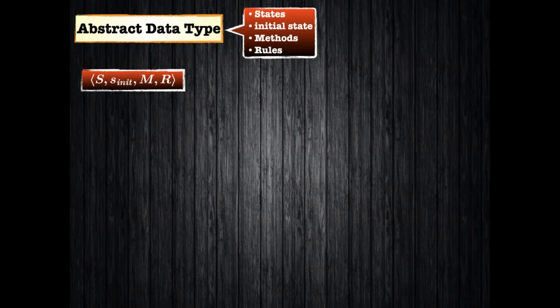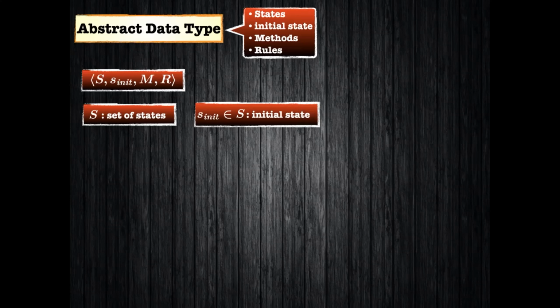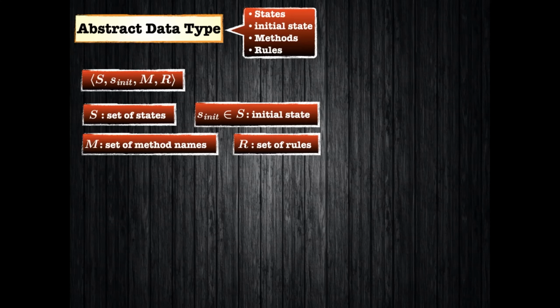Now we will go through these one by one, and to make it easier, we will instantiate the definition immediately with that of a set. So S is a set of states, S init, which is a member of S, so one of the states is an initial state, M is a set of method names, and R is a set of rules. Let's see how this looks concretely.